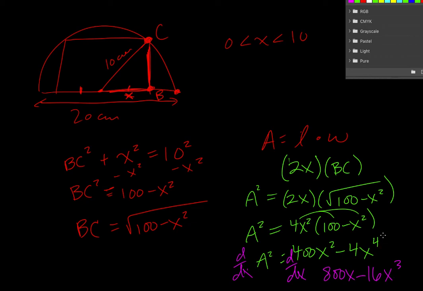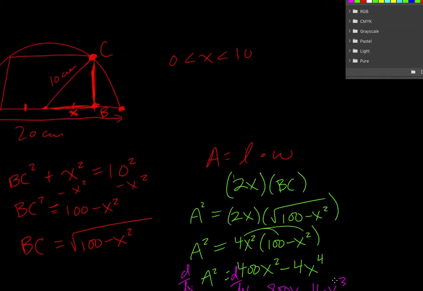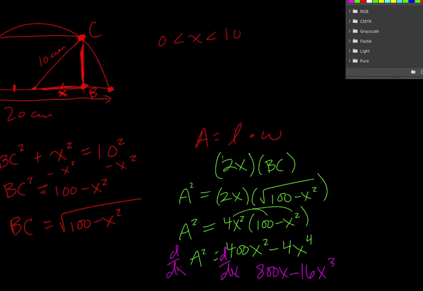and from there we can factor out 16. So we get 16x on the outside, and that leaves a 50 minus x squared. And then if we set it equal to 0, we're going to get 16x is equal to 0 and 50 minus x squared is equal to 0.